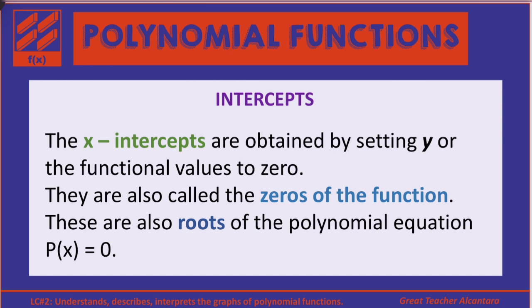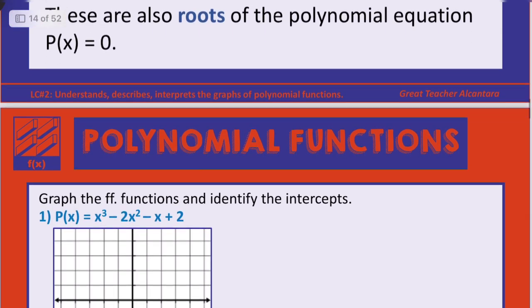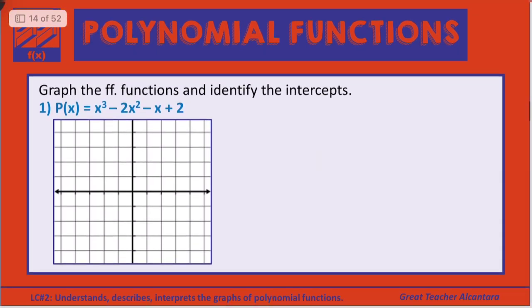So they're all connected. So let's say we have this example: graph the following functions and identify their intercepts. I want you to understand here that you can use your calculators and maximize them in order for you to graph a function like this one that you're seeing. The purpose of that is for you to, again, realize that these things right here are not that complicated to graph.